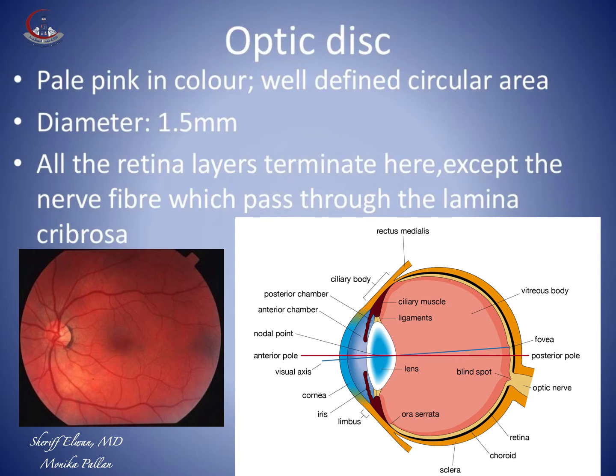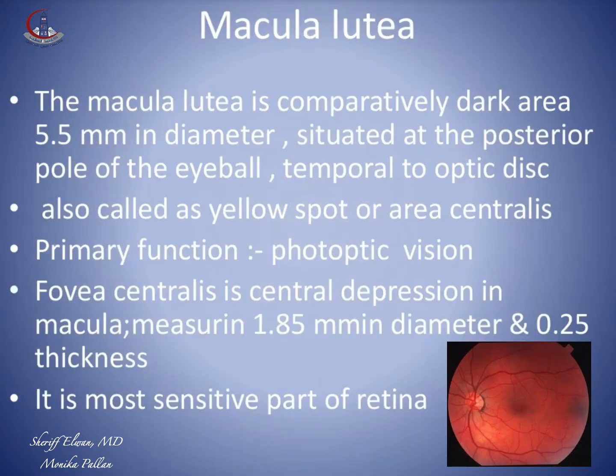Its diameter is 1.5 millimeter. All the retinal layers terminate at the periphery of the optic disc except for the nerve fiber layer, which passes through the lamina cribrosa, which is in the center of the optic disc.